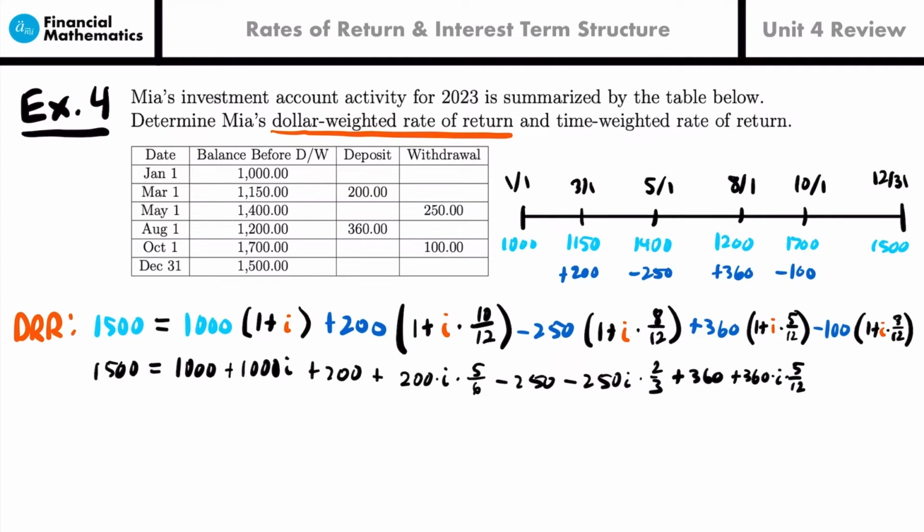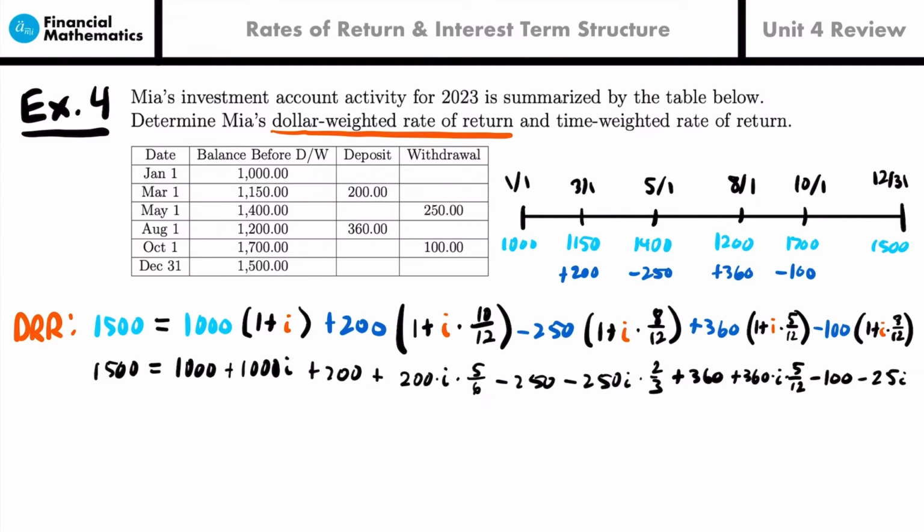And then finally, we want to multiply negative 100 by both of the terms in this quantity. And of course, 3/12 simplifies nicely to 1/4. So we'd have negative 100 times I times 1/4, and 1/4 of 100 is 25. So we have minus 100 minus 25I. Okay, hopefully you were able to follow that little bit of mental math.